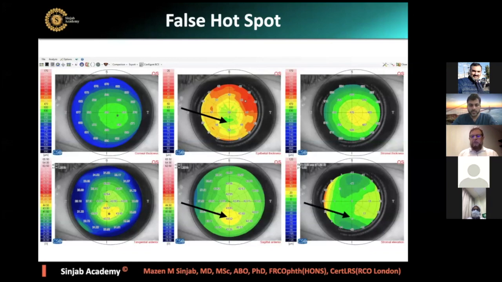Now, as you see, there is no corresponding bulging in the stromal elevation. But what about this? Actually, this is a distortion because of large angle kappa, and sometimes we can see such false hotspots in the sagittal curvature maps because of large angle kappa.